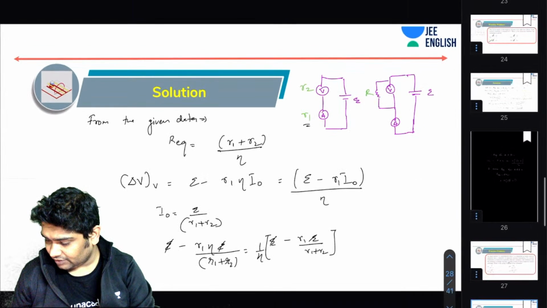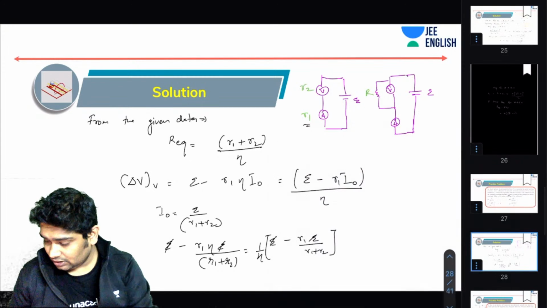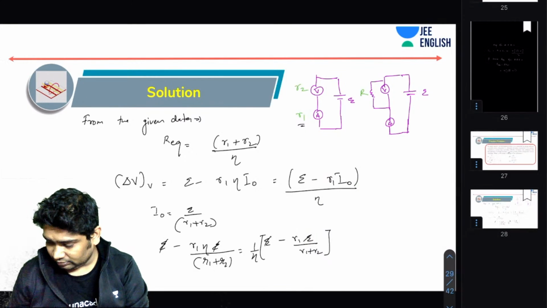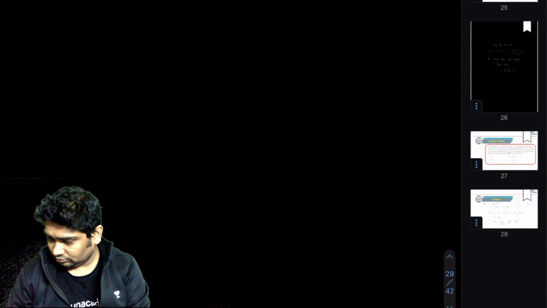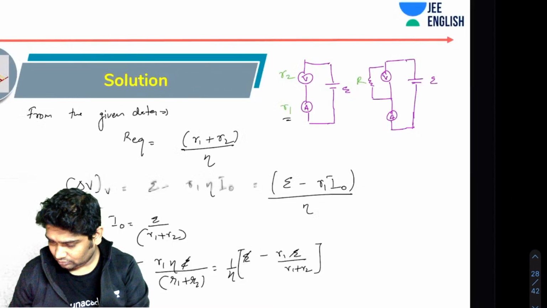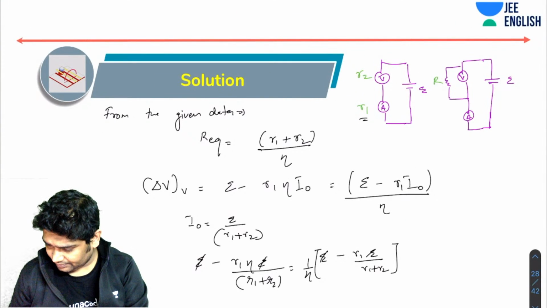From here, let's find a relation between R1 and R2. Let's see what we are getting.